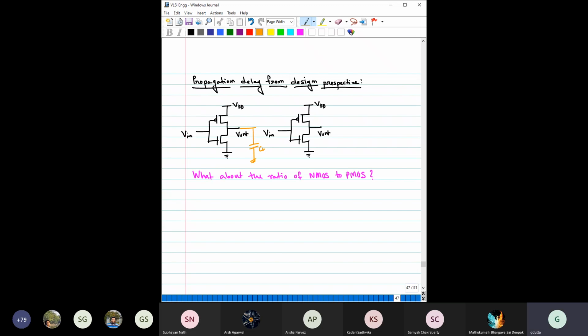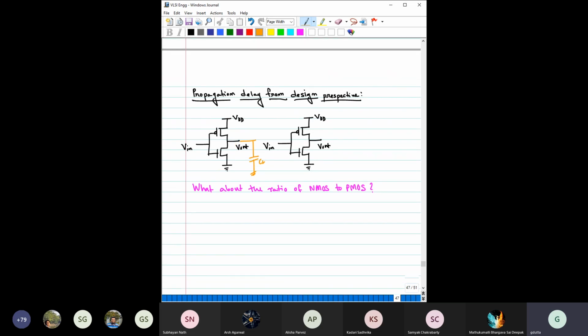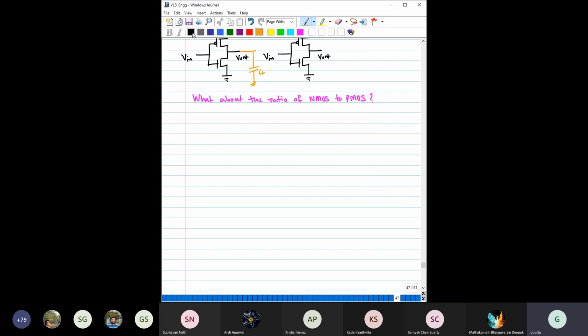And I will show you that this 2:1, definitely that is not the ratio of their equivalent resistance to get the minimum propagation delay. But before that, let us write a couple of things so that you can understand it later on. What about the ratio of this NMOS and PMOS?